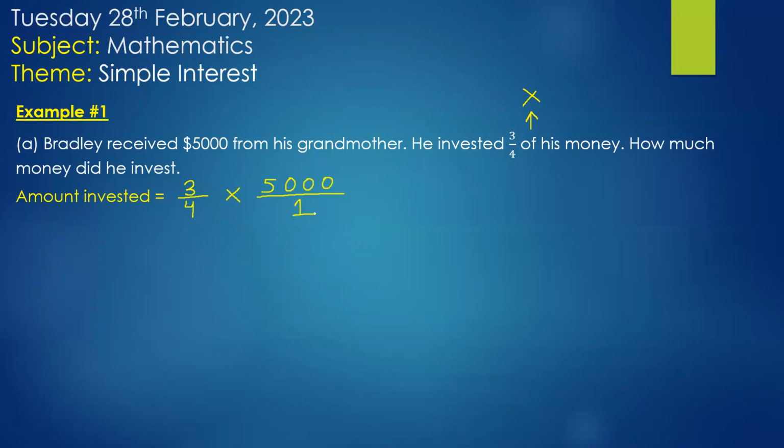Okay, so now we have that he invested 3/4 of his money. So 3 over 4 multiplied by 5,000.